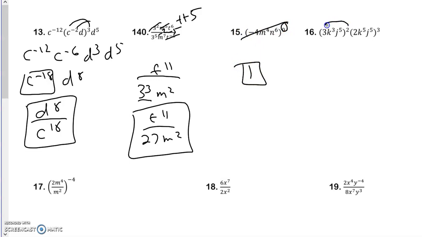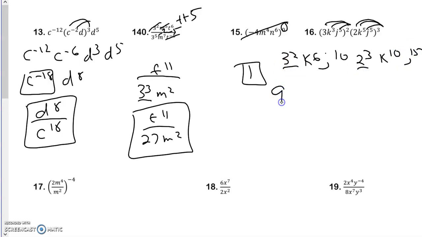Then again over here, I need to distribute my exponent. So then I'm going to get 3 to the second, k to the 6th, j to the 10th, 2 to the third, k to the 10th, and j to the 15th. Well, I know 3 to the second is a 9, 2 times 2 times 2 is 8.